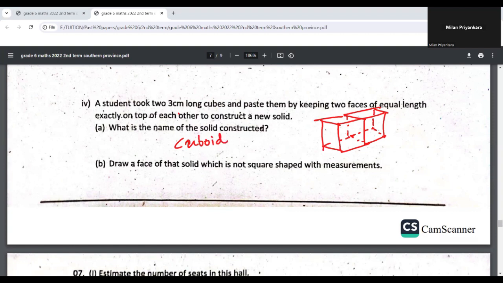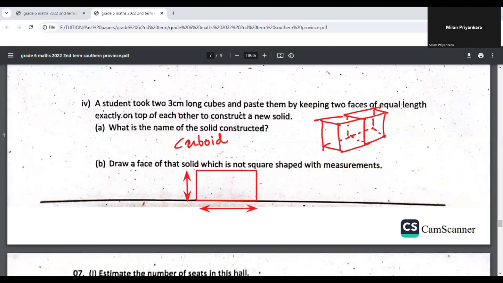Draw the face of that solid which is not a square shaped, with measurements, right? So draw one face. A face will be like this. It will be like this. So you need to mark the dimensions here and here.